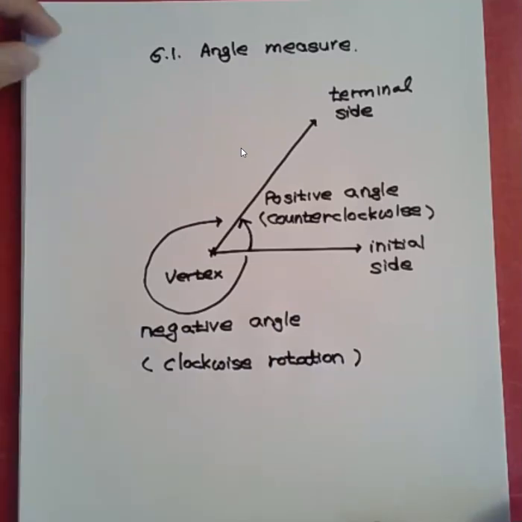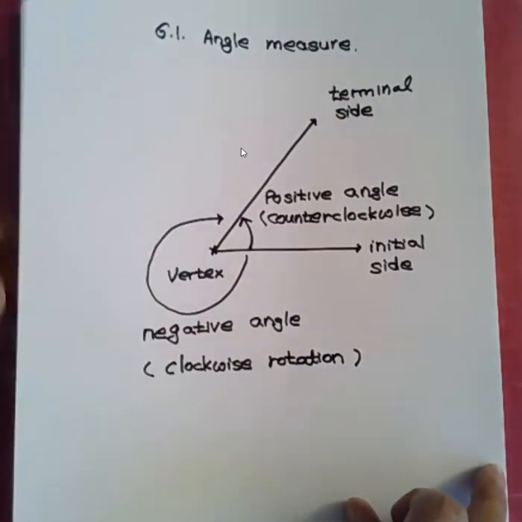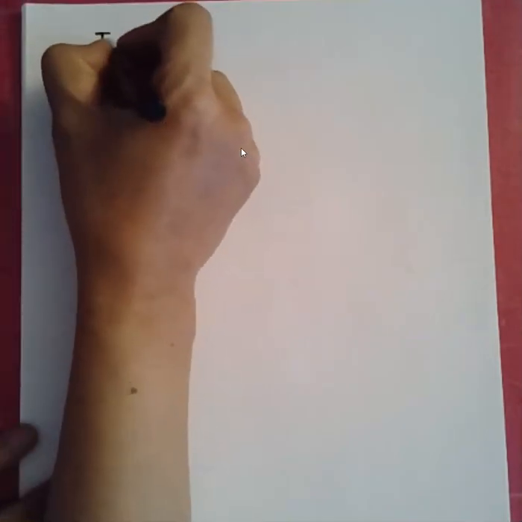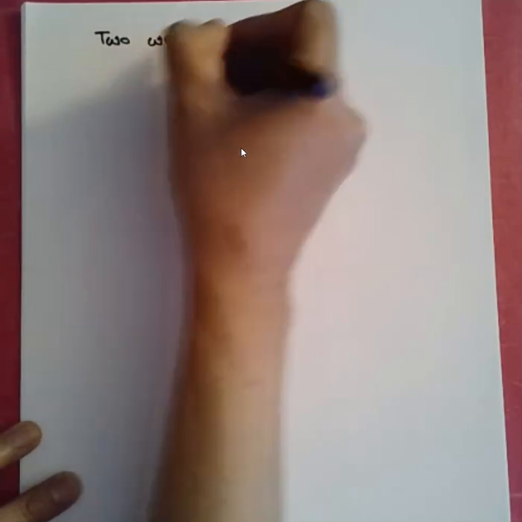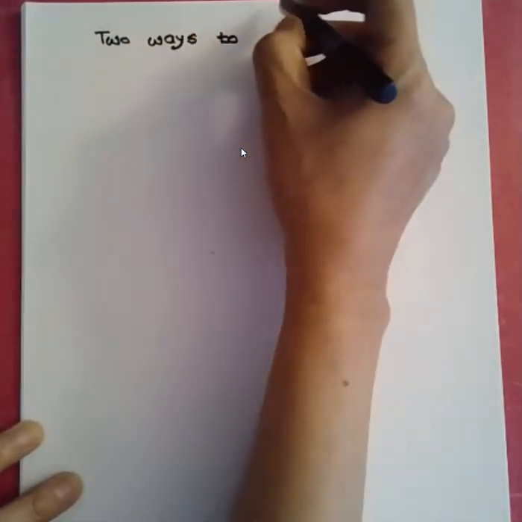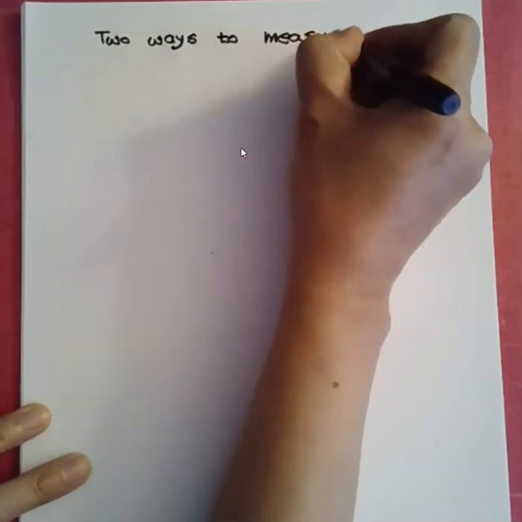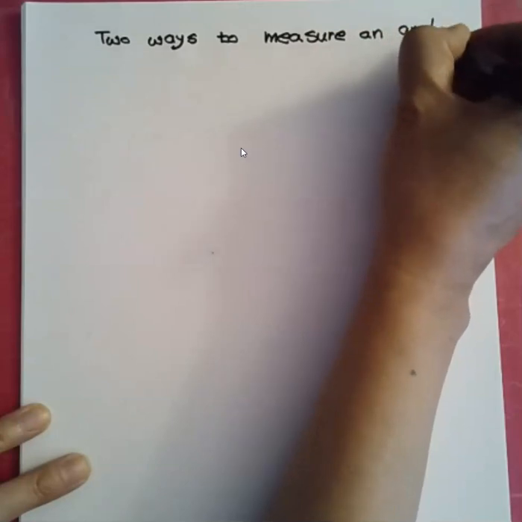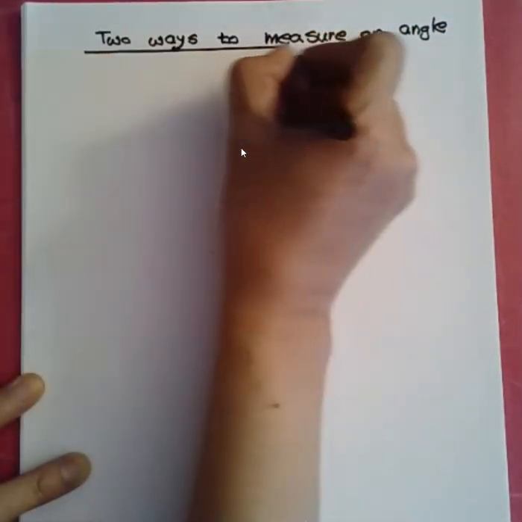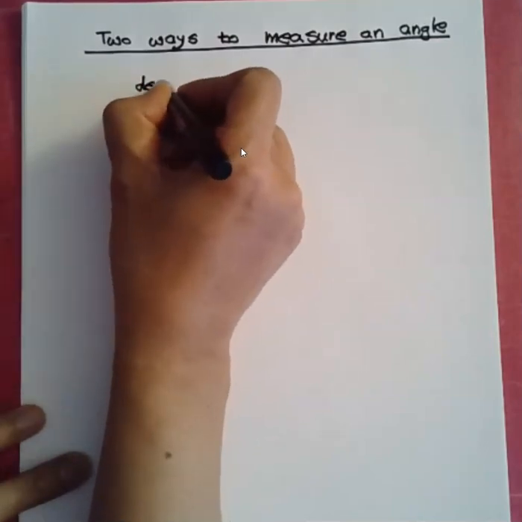When we have an angle, we can measure the angle. There are two ways to measure an angle. One is degree measure.